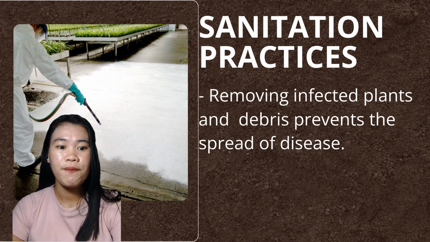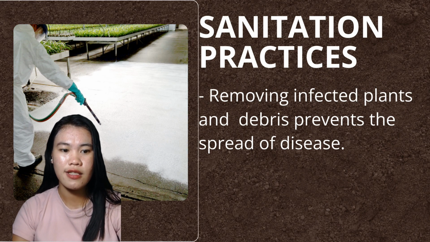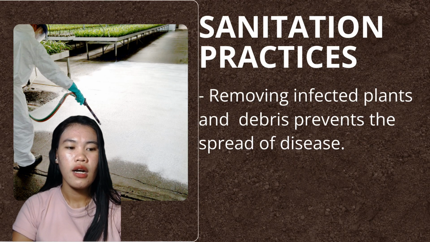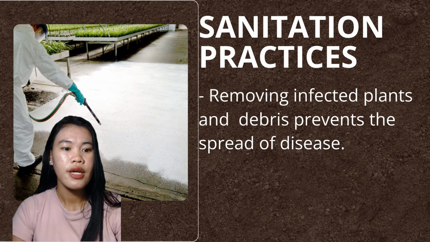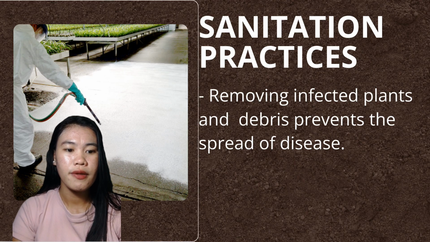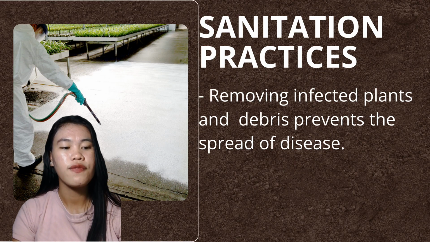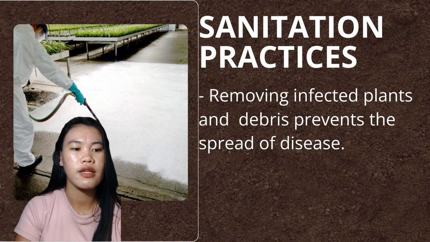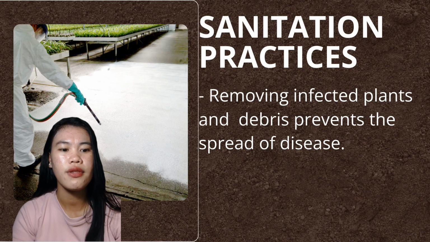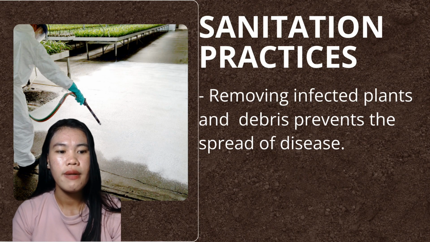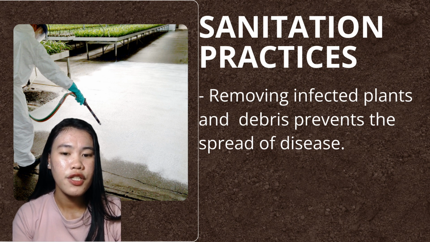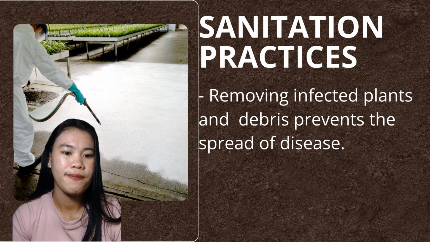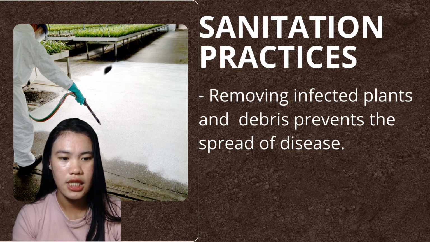Lastly is the sanitation practices. So it is to remove the infected plants and debris na prevents the spread of diseases naman. So, yun. Pag-remove ng mga infected plants and debris para maiwasan yung pag-spread nga ng mga diseases. So, these management practices na involve yung paglilinis.